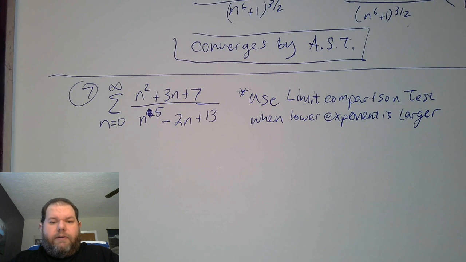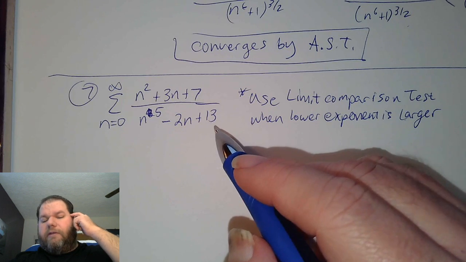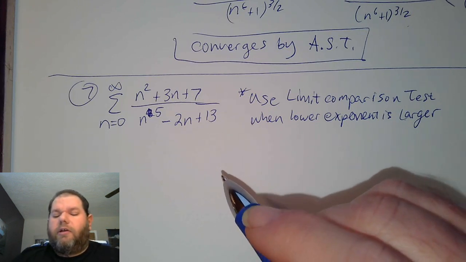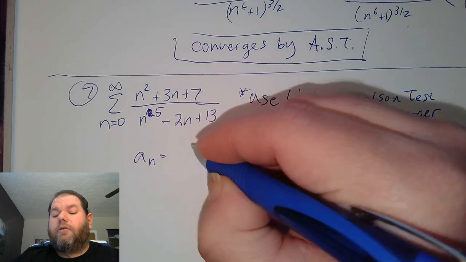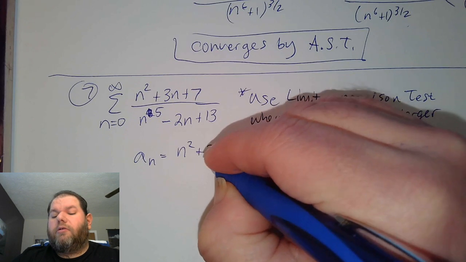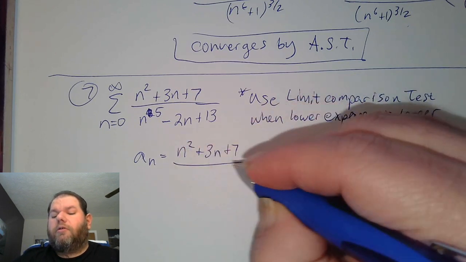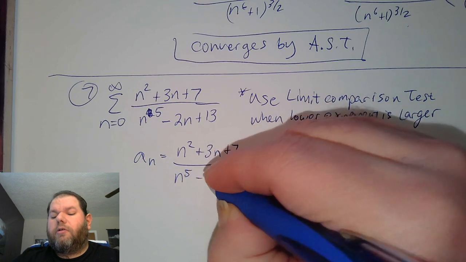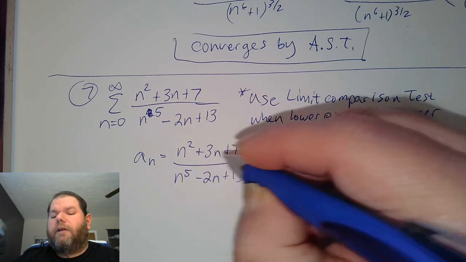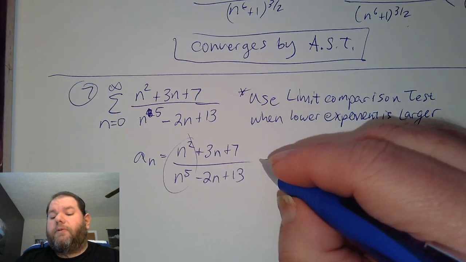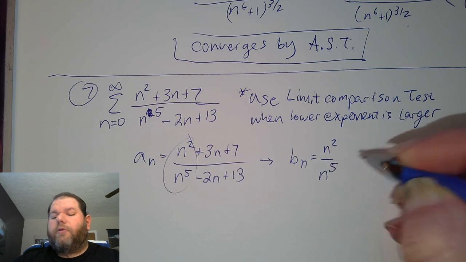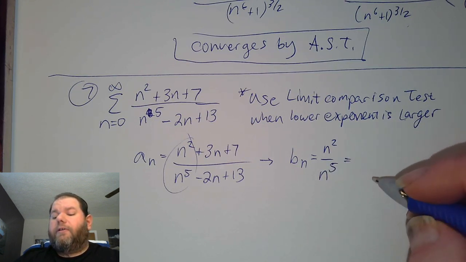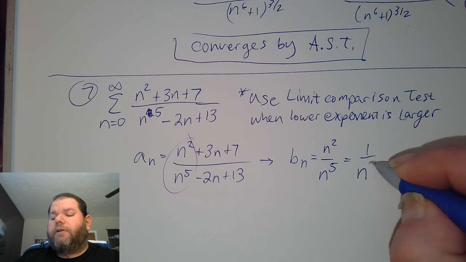Now in our limit comparison test, this is our a sub n. We have to find a summation b sub n to compare it to. Our comparison is entirely based on these first two terms, n squared over n to the fifth. And so we can reduce that down to 1 over n to the third.